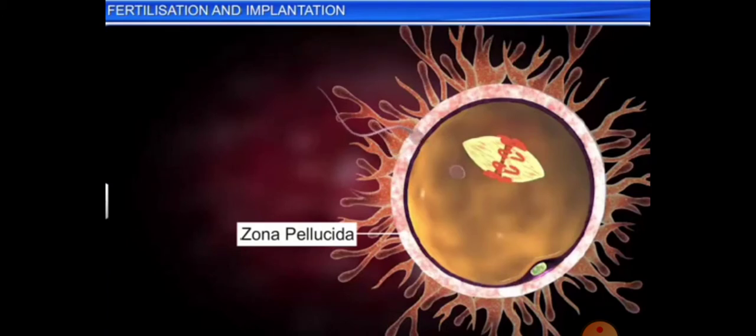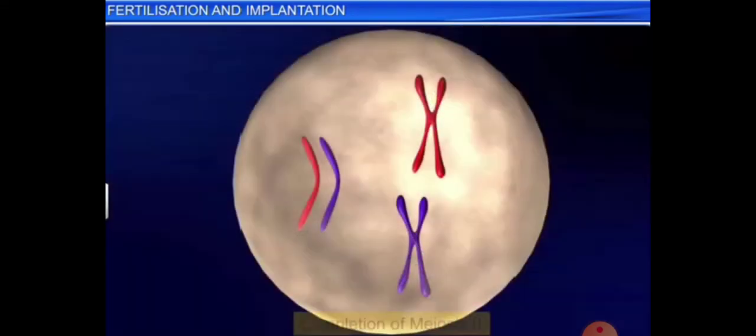After gaining entry through the zona pellucida, the acrosome present over the sperm nucleus starts secreting enzymes that aid the sperm head to get through the ovum cytoplasm, while the sperm sheds its tail.